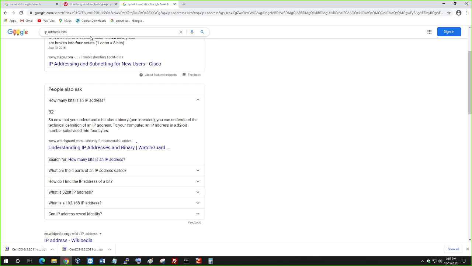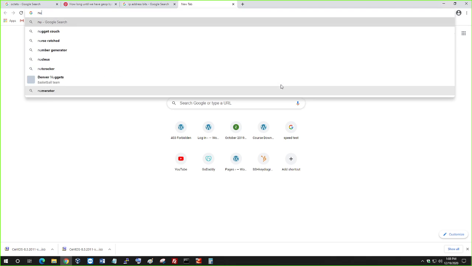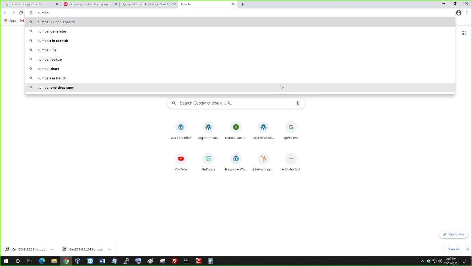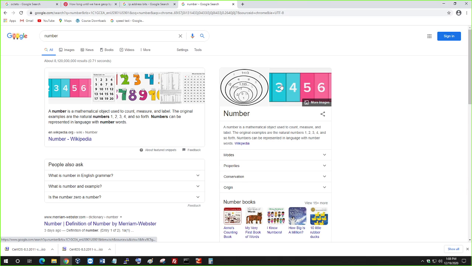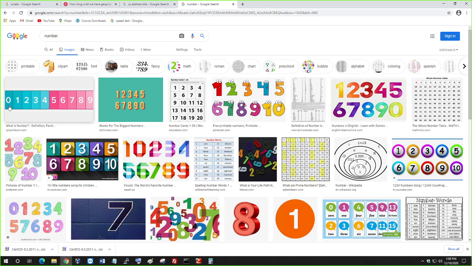If you type numbers and look at the image, it starts from 0, 1, 2, 3, 4, 5 here.